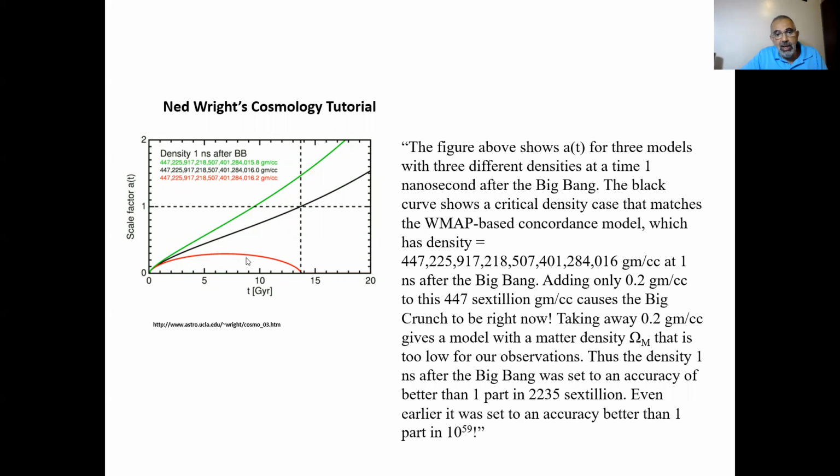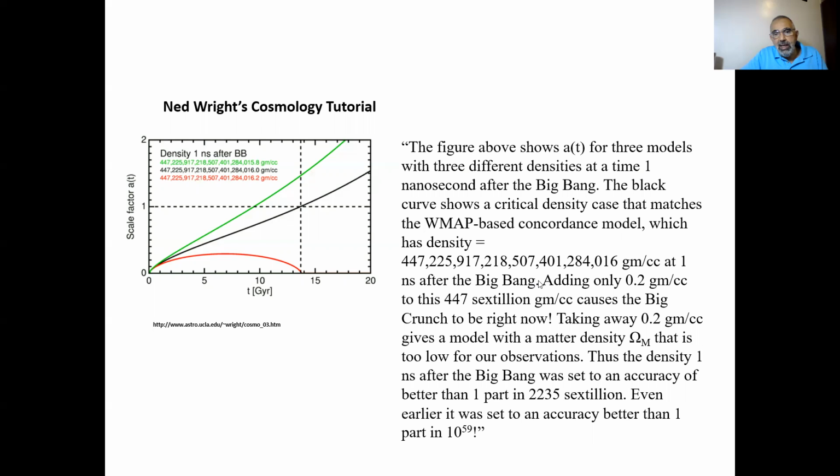The red curve is the universe collapsing too soon, before our era, before our planet, and so forth. And you see that right now there's a big difference between the curves, but the further back we go in time, the more the curves approach each other. And so to be able to pick out the black curve where life is possible from the green or the red, let's look at how precise the balance had to be.